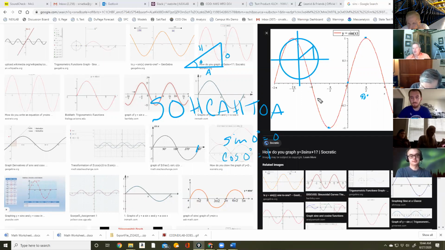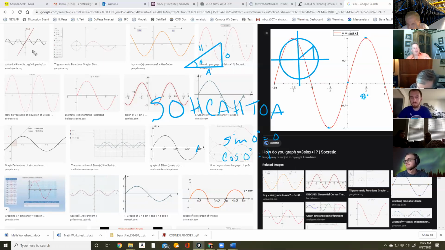It also goes to 0, and you're basically saying I've got one complete wave every 360 degrees, every 2 pi. So when I draw a sine wave, like any of these are sine waves, I'm saying they're periodic. They keep repeating. Like, look at this one up here. They repeat every 2 pi.